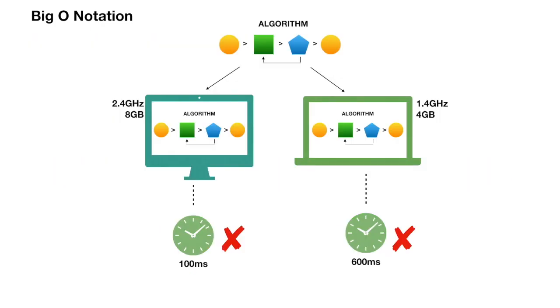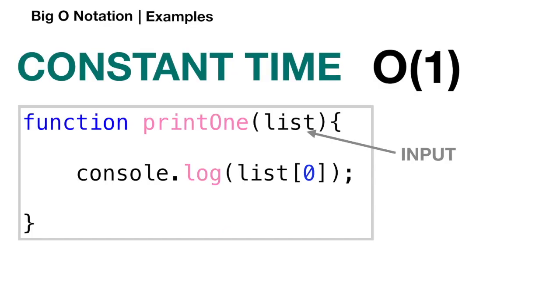We cannot measure the speed of an algorithm in seconds because then it would depend on the power of hardware, processors, etc. Difference of power in devices would lead to inaccurate results. So instead, we calculate the speed by measuring the growth of runtime relative to the input, which is big O notation. Let's look at some examples here.